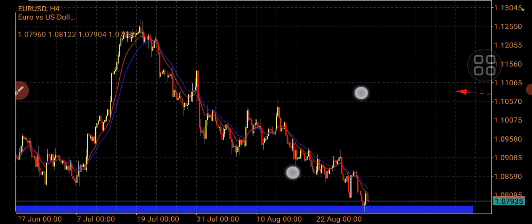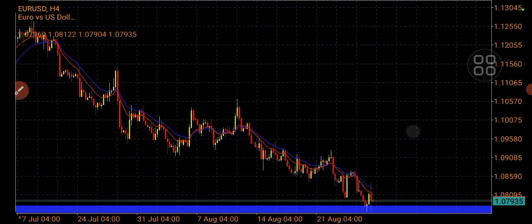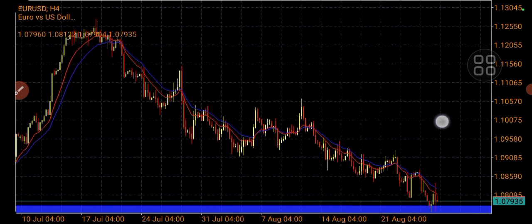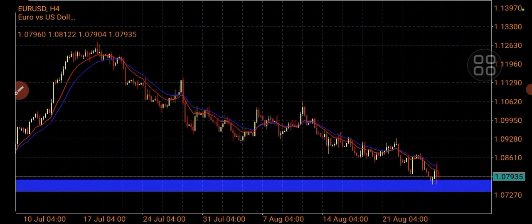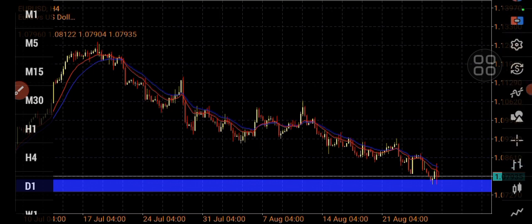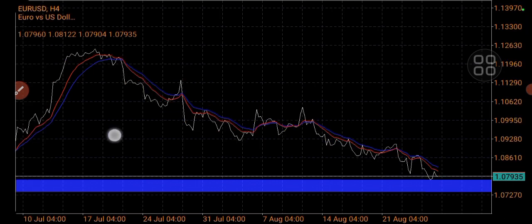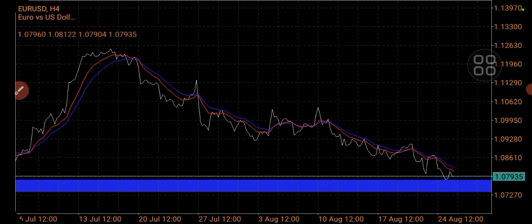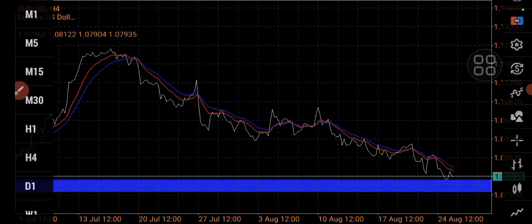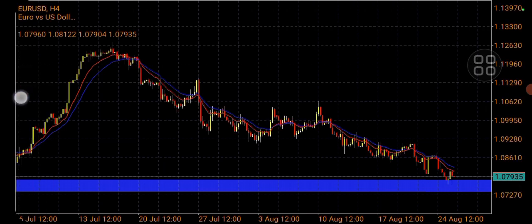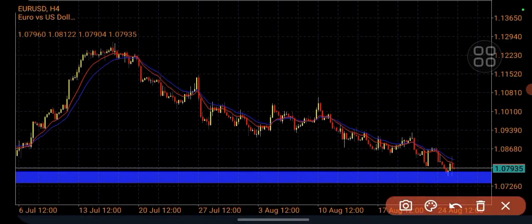Even in H4, you can see the thing that I drew very well. If I use a line chart, you will see it clearly. There's no doubt. Let me use the line chart so that you will see. Look at what is happening on the line chart. Let me draw what I drew before.